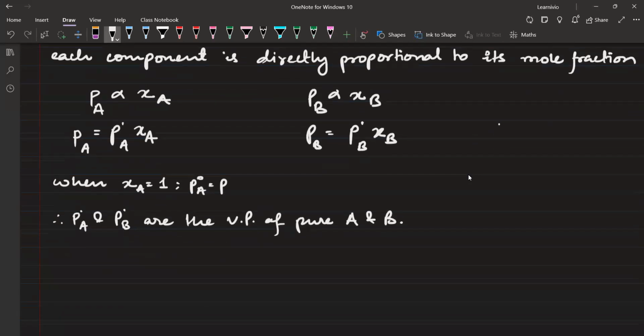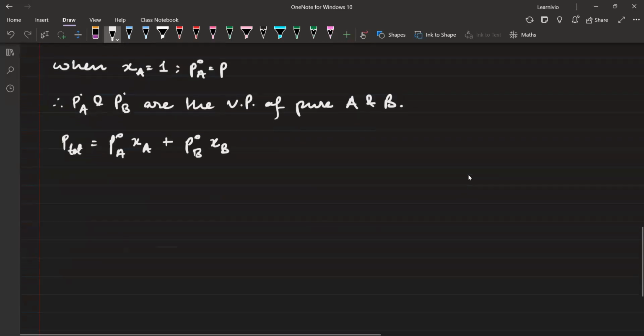And we can say that P total is equal to P naught A chi A plus P naught B chi B. I hope I can go till here now.